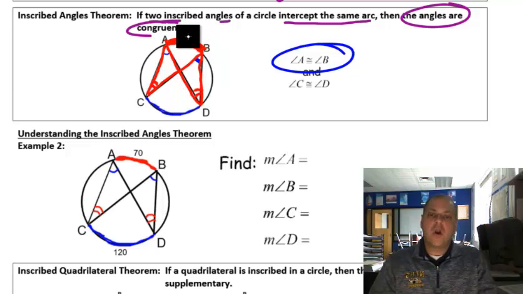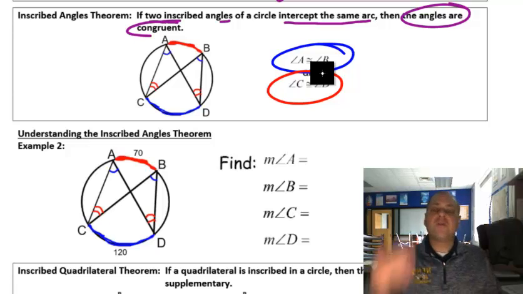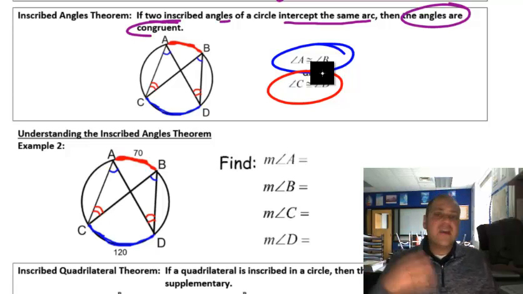If AB were 80, then angle C and angle D are both 40. So it doesn't matter what they are, it's just the fact that they are congruent. C and D are congruent. And that's what this theorem says. It's not giving exact measurements, it's just talking about being congruent.